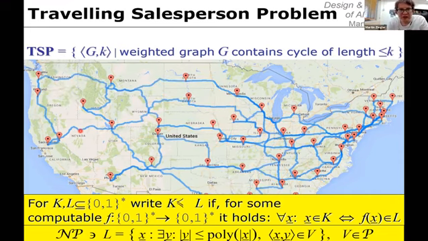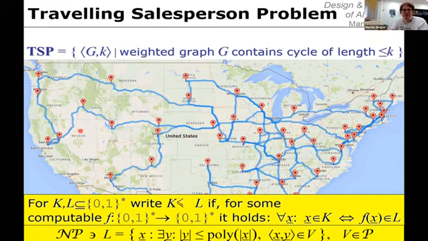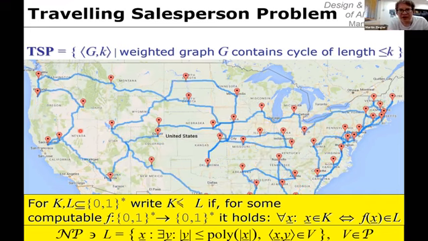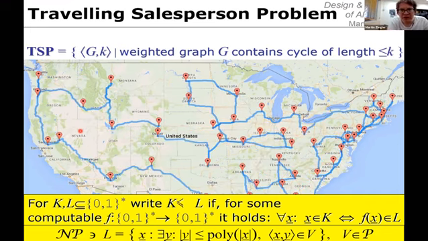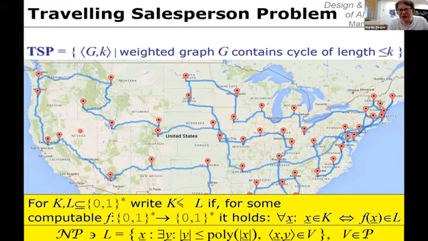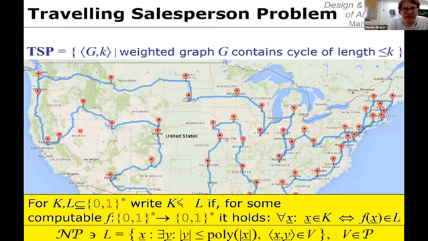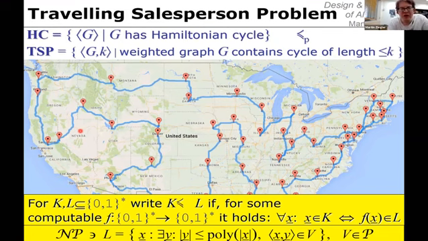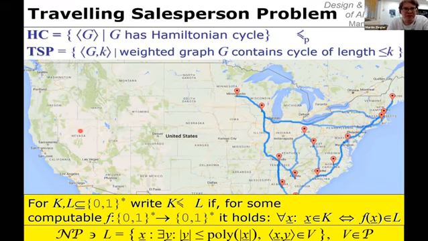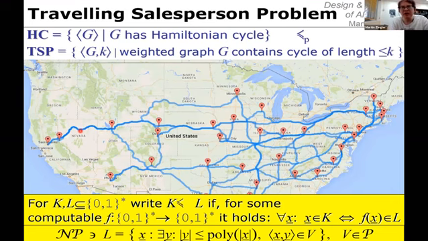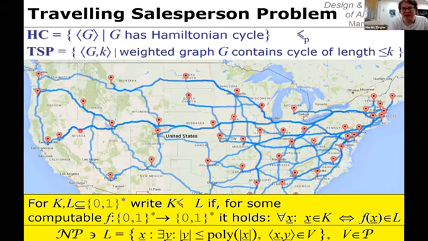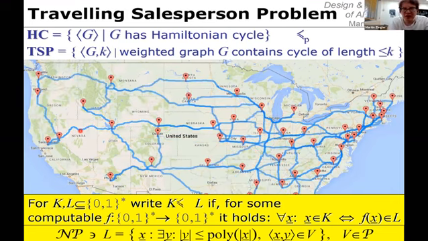The goal is to find the shortest tour with respect to these edge weights, that is, a cycle. And the question is whether there exists a cycle of length at most k, thus having converted the minimization problem into a decision problem. As I said, this is pretty much similar to the Hamiltonian cycle problem, except that in Hamiltonian cycle, we're just asking whether there exists a cycle.